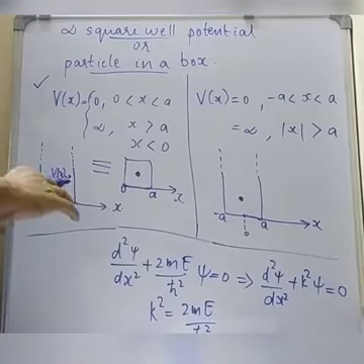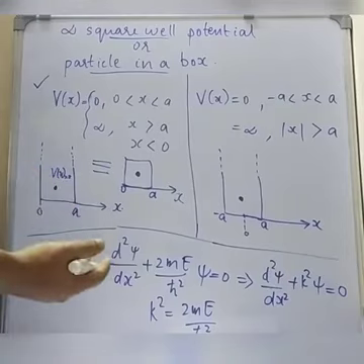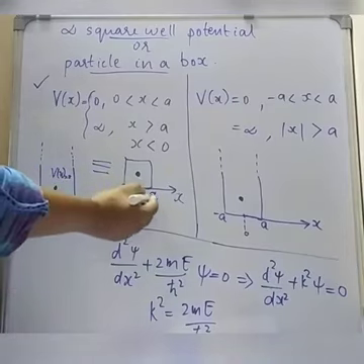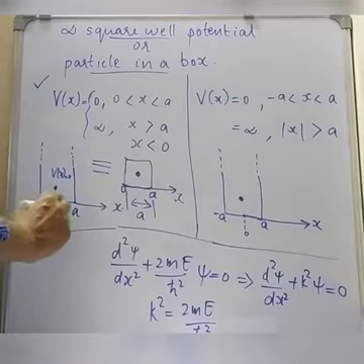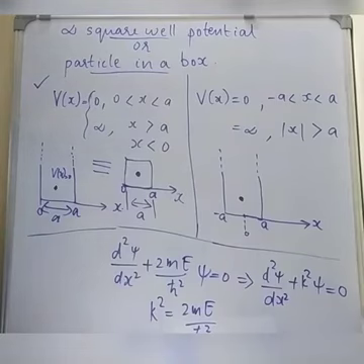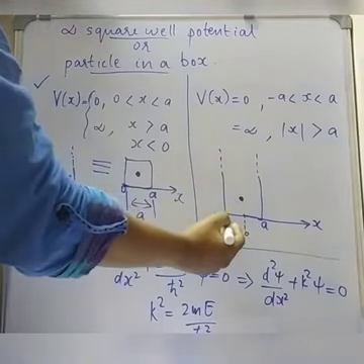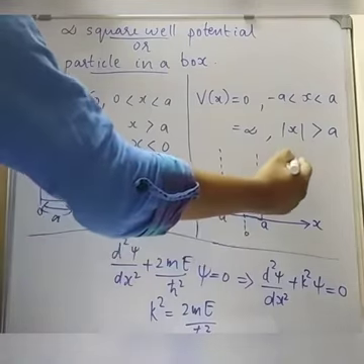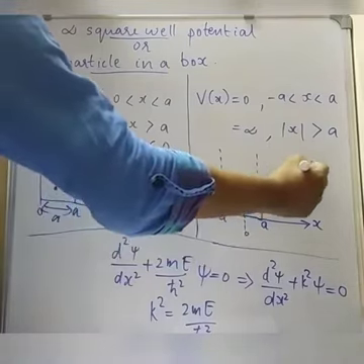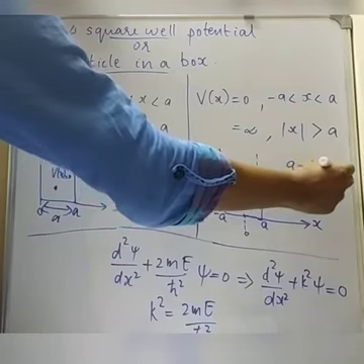This can be written in a different way, that is, the width of the box here is a minus 0, a. If I design another infinite square well potential of width different from this, here I have a potential of width a minus minus a, which is equal to 2a.